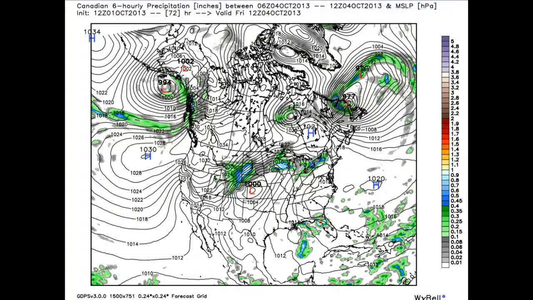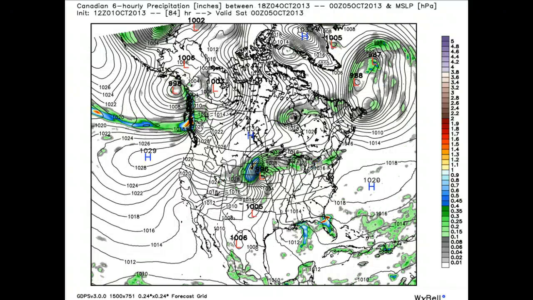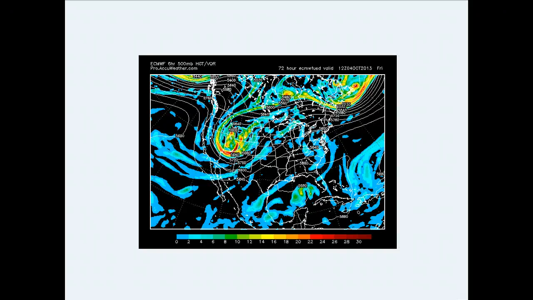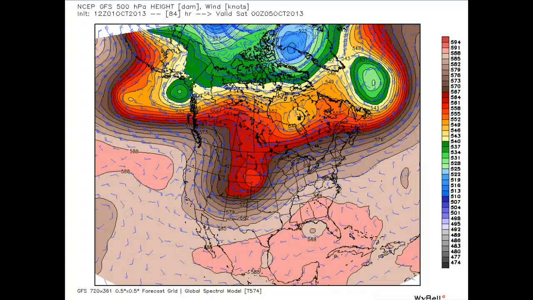I'm kind of leaning more towards the Canadian and especially the GFS. I really don't see much reason for this to hold back energy, and I'll show you why. I'll go all the way back to the beginning for you here, and I'll show you why I'm not really looking at this to be holding back. And that's this energy coming in here.